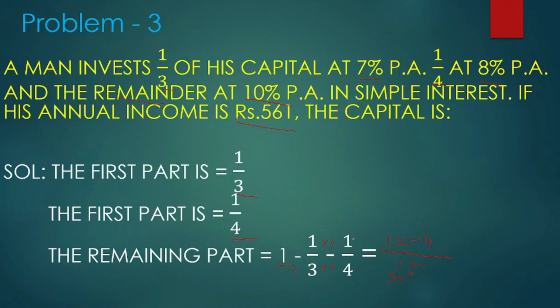For the second part, 4 becomes 12, 4 threes are 12, so the numerator becomes 3. So 12 minus 4 minus 3: 12 minus 4 is 8, 8 minus 3 is 5. So 5 by 12 is the remaining third part.